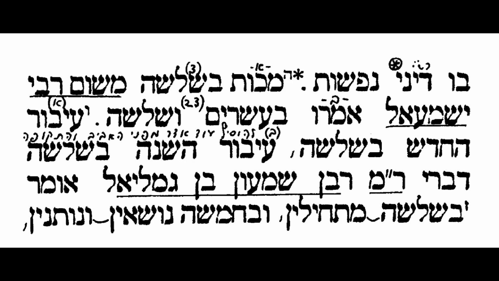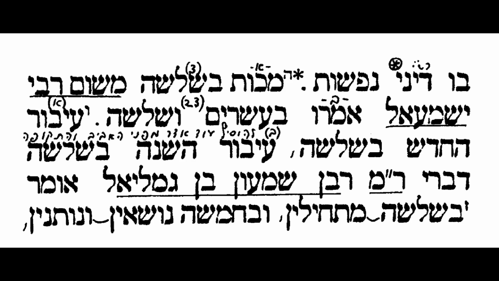Ibor Hashana Bishlosha, and calculations required to establish whether there's a necessity of adding another month to the Jewish calendar, an Adar Sheni, in order to align the Jewish months with the different solar phenomena that have to be aligned as far as the establishment of the holidays in their respective proper seasons. That is called Ibor Hashana. That's Bishlosha, Divrei Rabbi Meir.